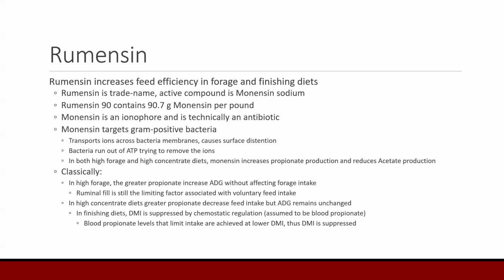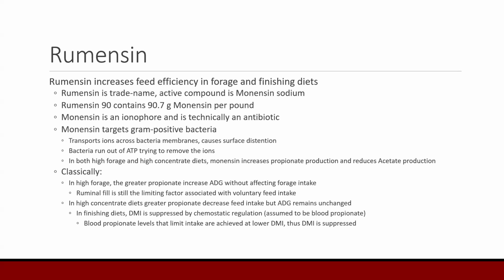Monensin is an ionophore. Ionophores are technically antibiotics. However, it is not medically important to humans. It's not an antibiotic that is used for human medicine, so it does not require a VFD, veterinary feed directive, to feed it.